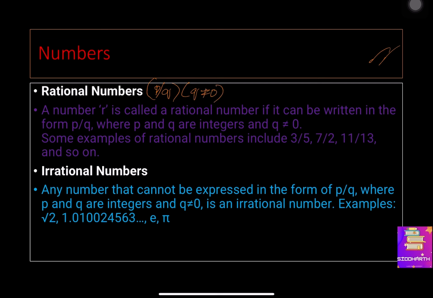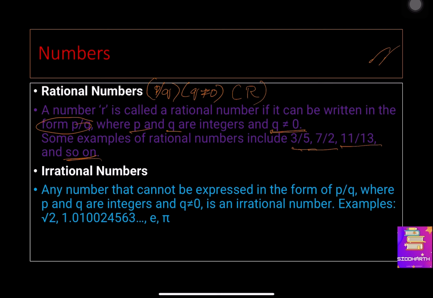A number R is a rational number if it can be written in the form P by Q, where P and Q are integers and Q is not equal to 0. Examples are 3 by 5, 7 by 2, 11 by 13 and so on. Rational numbers are represented by the alphabet R.